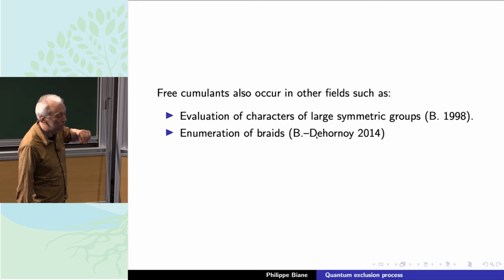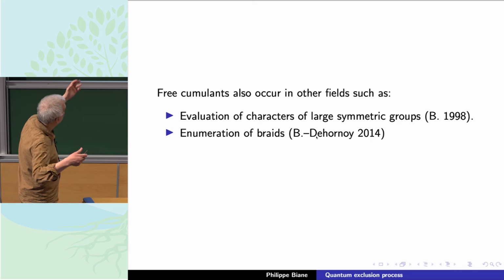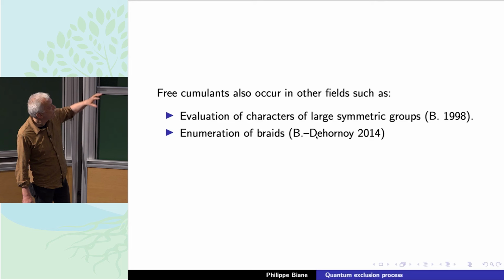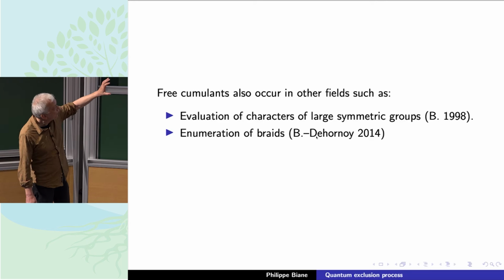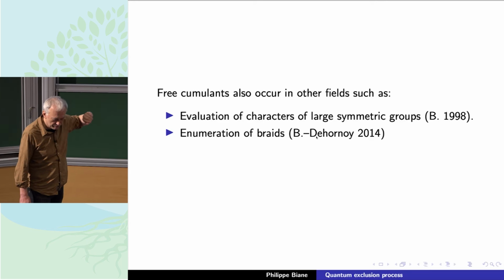It turns out that if you look at very large symmetric groups and characters of their representations, and you satisfy some hypothesis on the size of the Young diagrams corresponding to the representation, then asymptotically the value of the characters evaluated on a product of a few cycles in the symmetric group can be expressed in terms of free cumulants of a certain measure which is associated to the Young diagram.